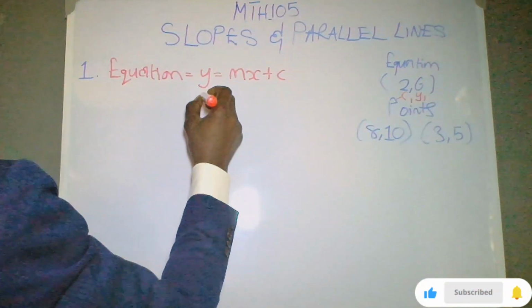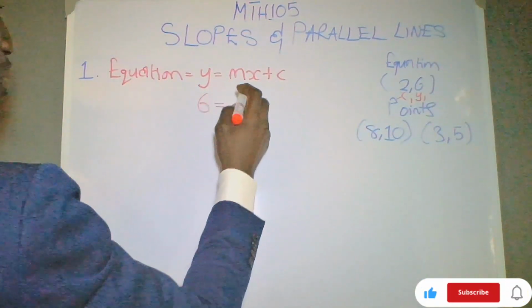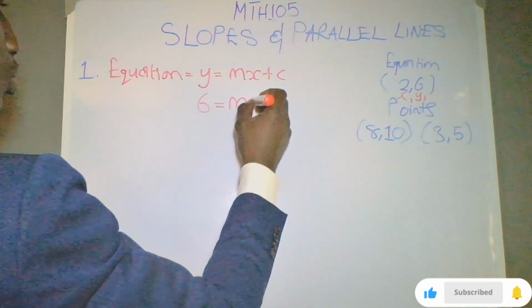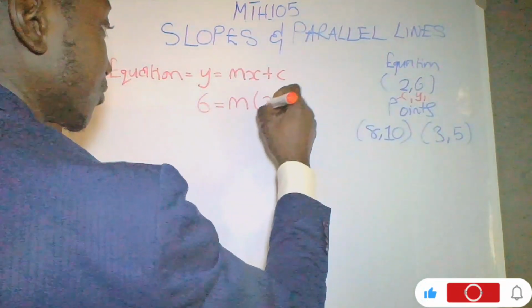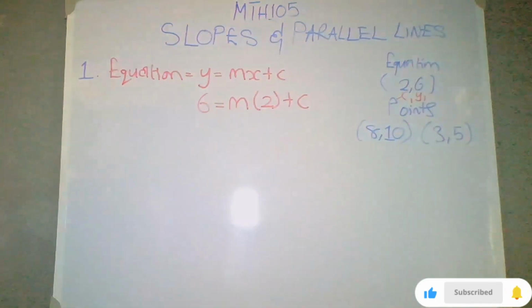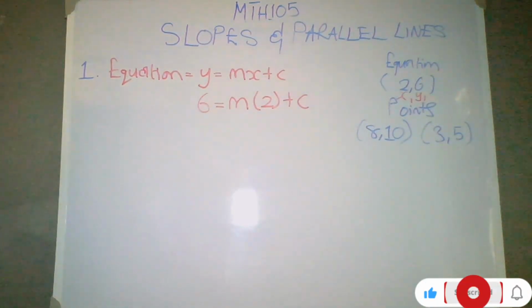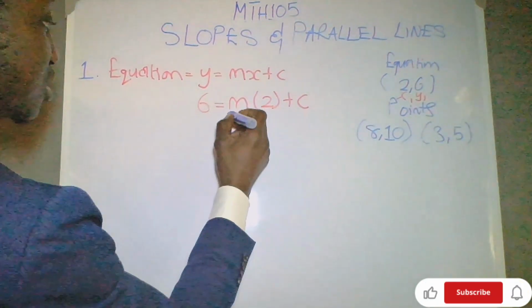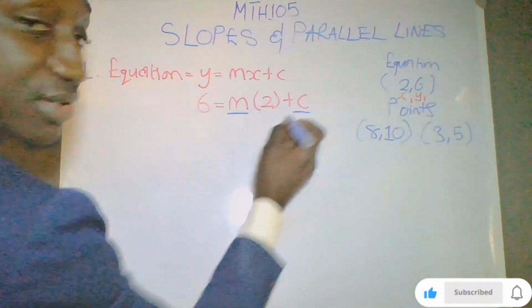So we have y as 6 equals m, which is unknown, times x as 2, plus c. So we have two unknown factors, which are m and c.